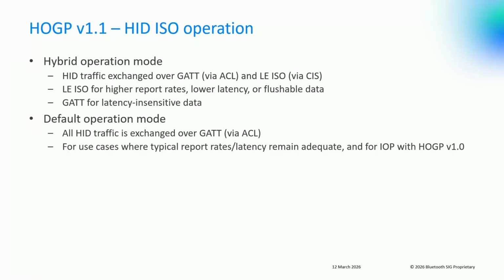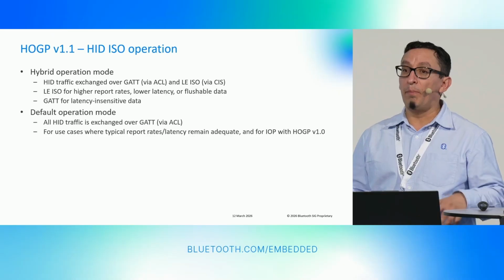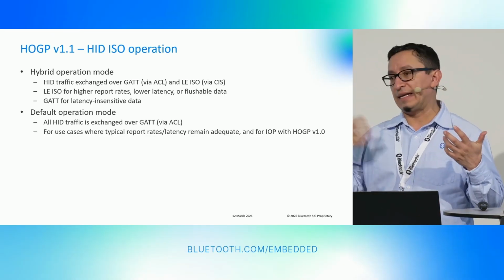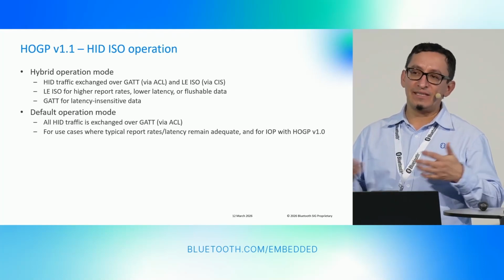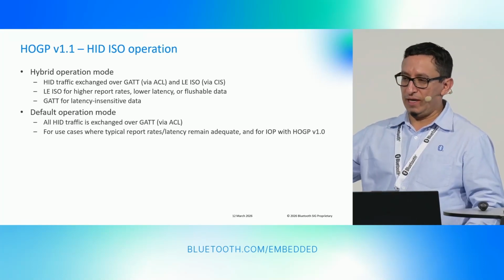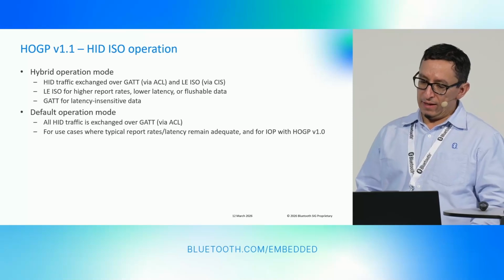So at a high level, the way to enable HID ISO is through this new operation mode called hybrid mode. Hybrid mode allows exchanging HID traffic over both isochronous channels and GATT. You would use isochronous channels for the low latency traffic and GATT for latency insensitive traffic.